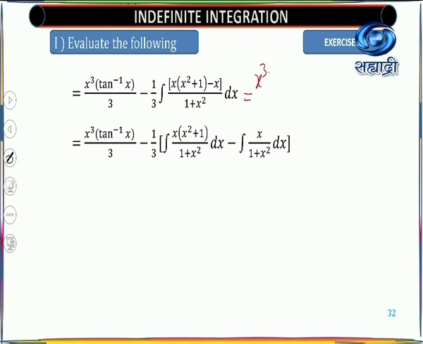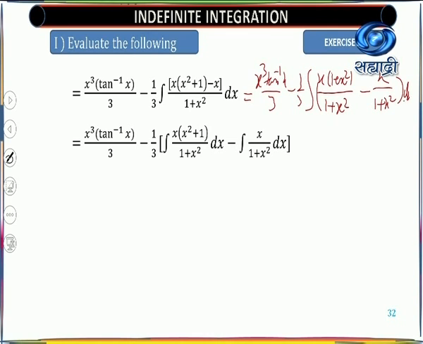As it is, you are having x cube tan inverse of x upon 3 minus 1 upon 3 integration of x into 1 plus x square. I am able to write x square plus 1 or 1 plus x square, because I told you many times addition is commutative. So you will get minus x upon 1 plus x square dx.